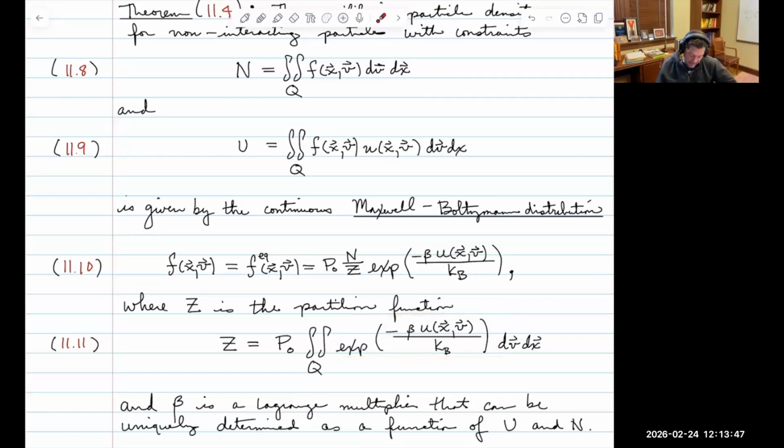If I integrate that, then I get the units of the volume of phase space. So to normalize this so that it has no units, I have to divide by the units of volume of phase space.